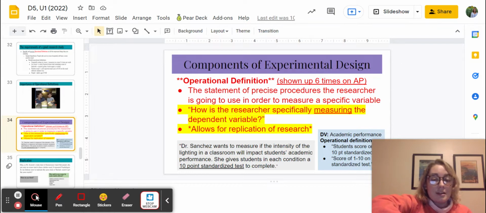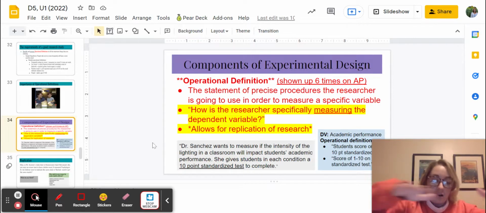She gives students in each condition a 10-point standardized test to complete. So they are measuring the academic performance, which is the dependent variable, right? It's changing as a result of the lighting, the independent variable. So they're measuring academic performance by seeing how they do on a 10-point standardized test, right?